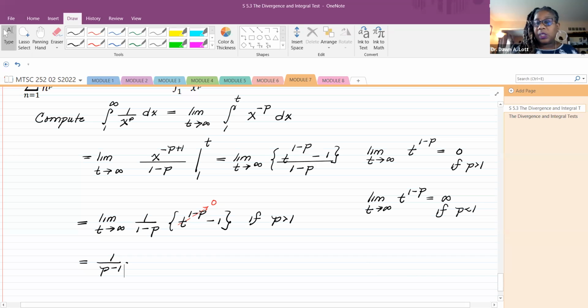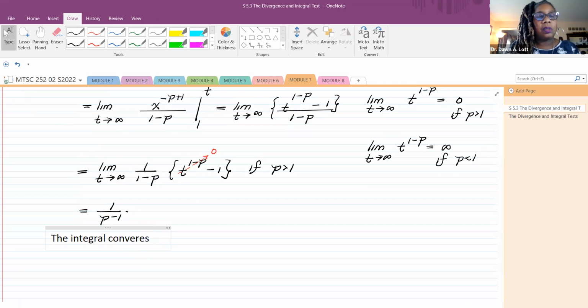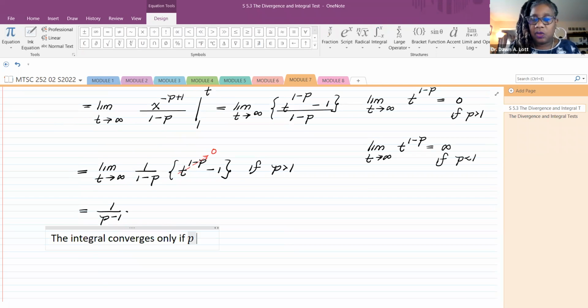Okay, so now we can see the integral converges only if p is greater than 1.